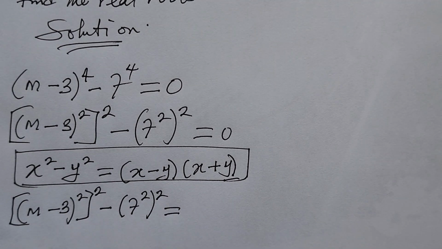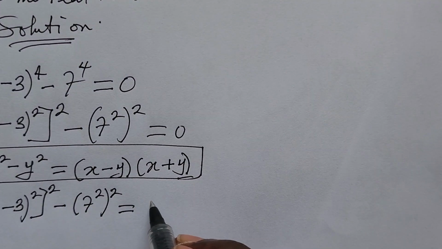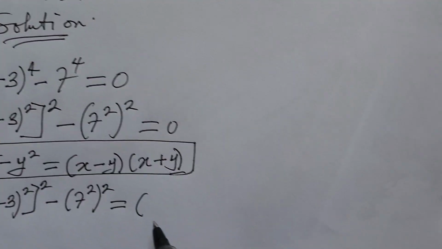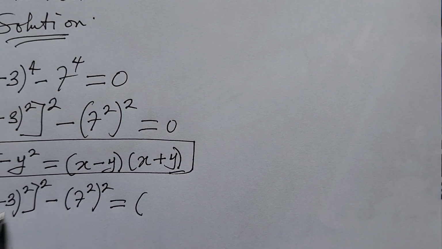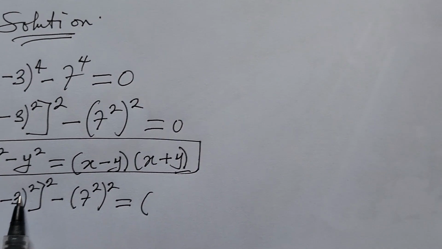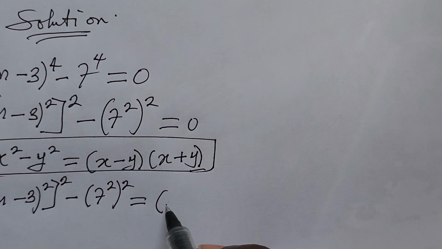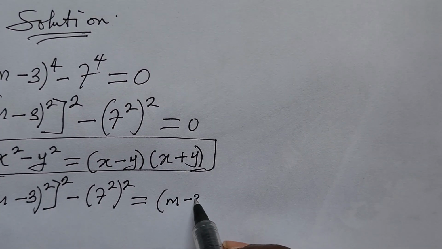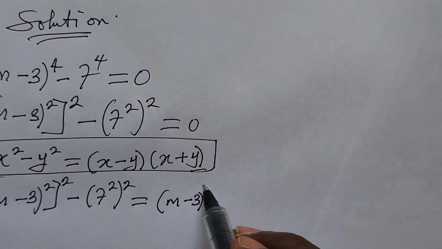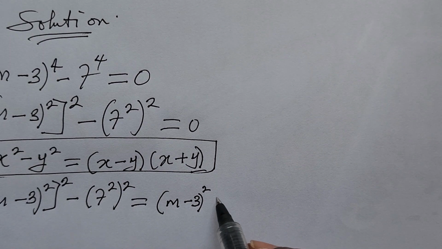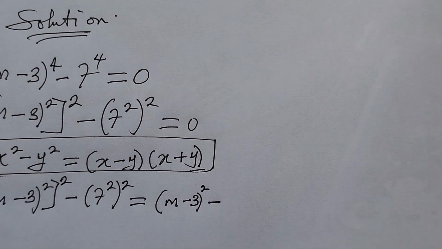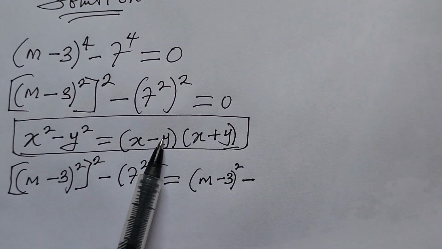This is equal to, let's take time to write it. What is our x? The whole of this expression is our x, so this gives us (m − 3)^2. Then minus, what is our y here?